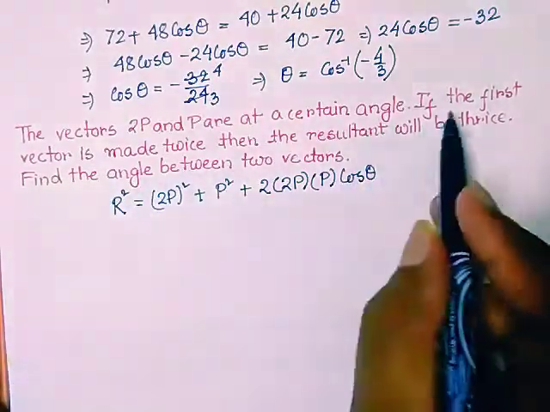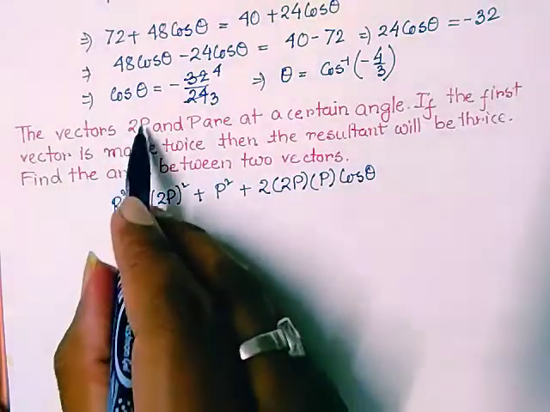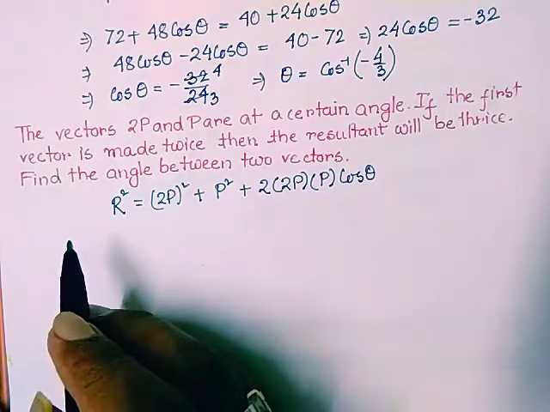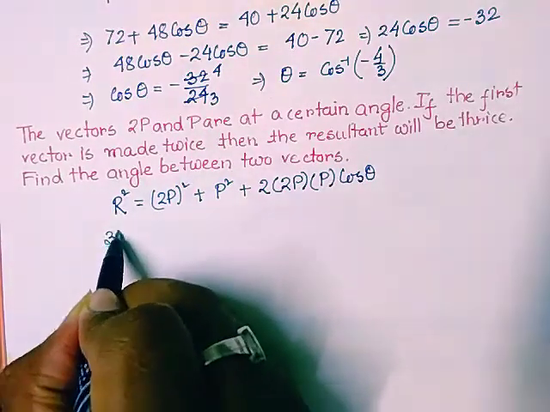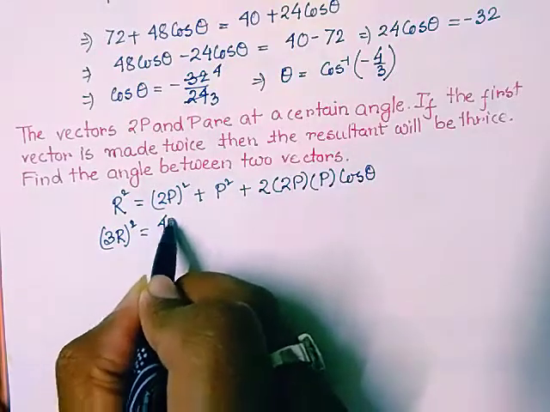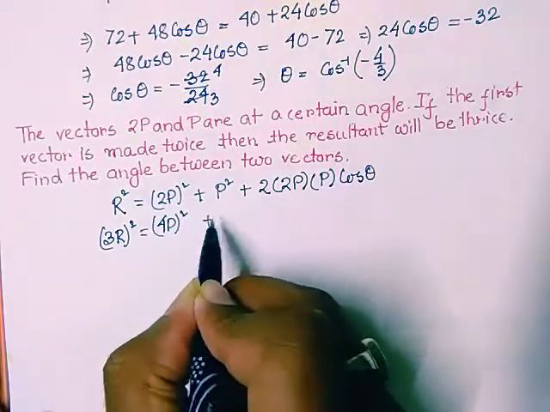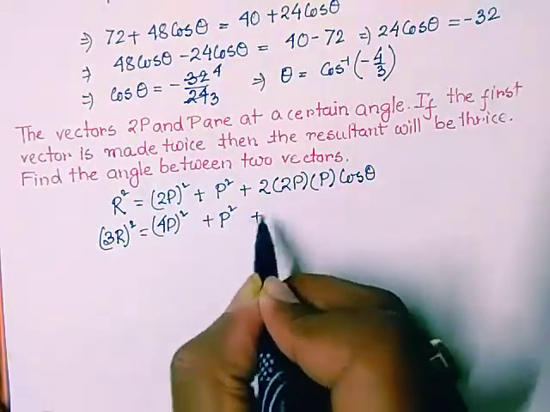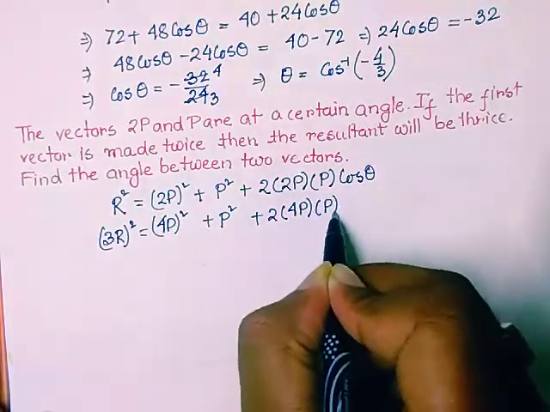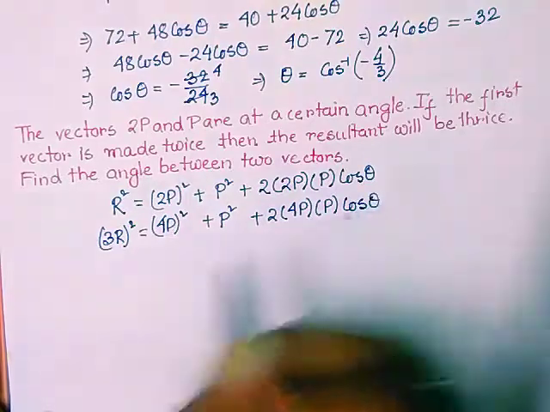The next is, if the first vector is made twice, that is it becomes 4p, then the resultant becomes thrice. So the resultant becomes 3r. So it is 3r whole square equals 4p whole square plus p square plus 2 into 4p into p into cos theta.